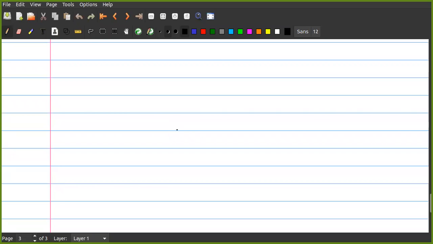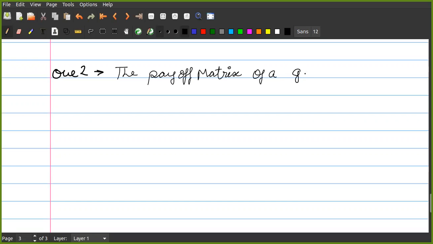So let us take one more example. Question number 2. The payoff matrix of a game is given below.